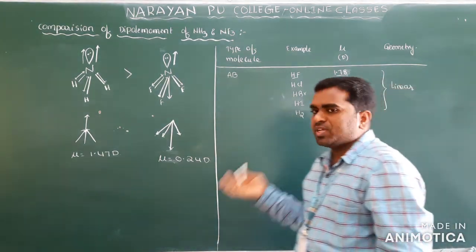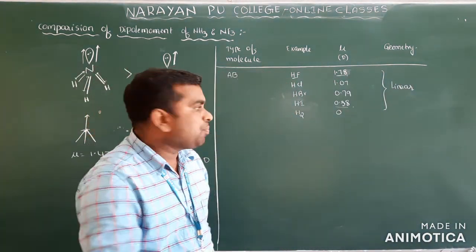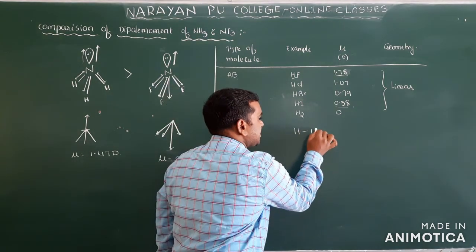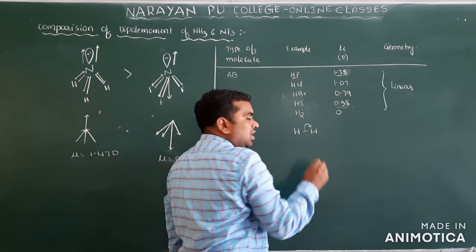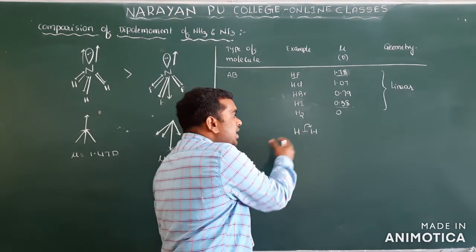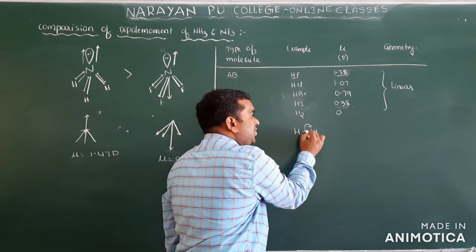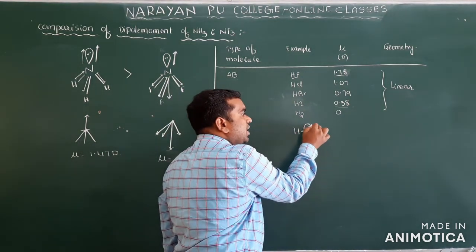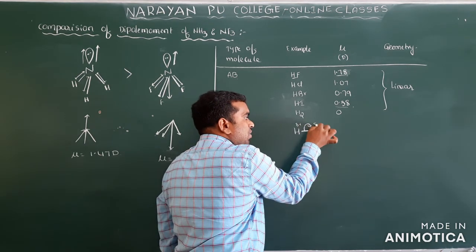Why is the dipole moment of H2 0? I already mentioned why. H2 is a non-polar molecule. This is H and H. Both are the same atom, so the pair of electrons will not move towards either atom, so poles will not be generated. If the bond pair electrons shifted to one atom, that atom would be negative and the other positive.